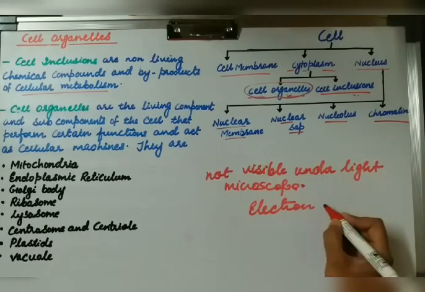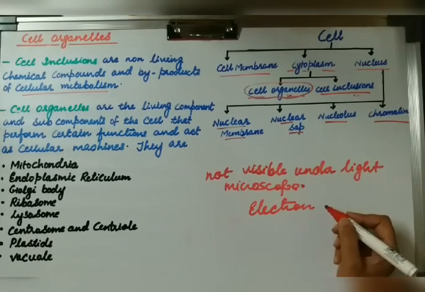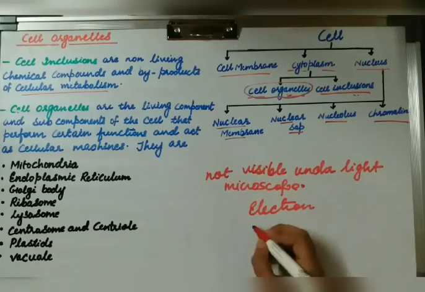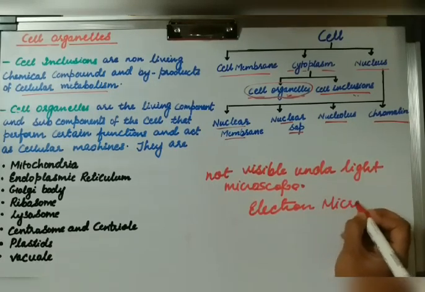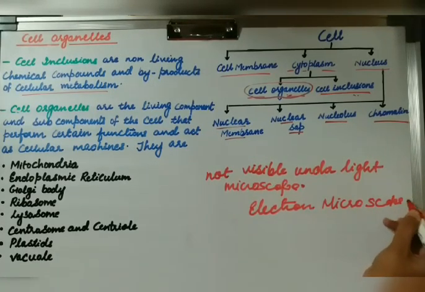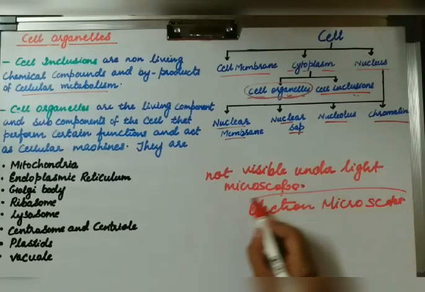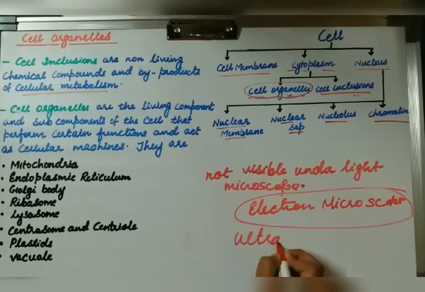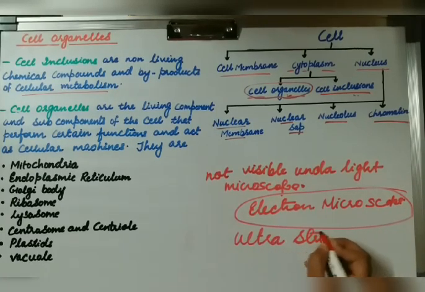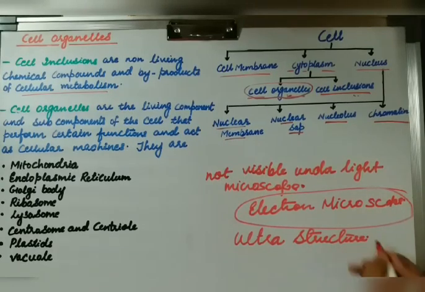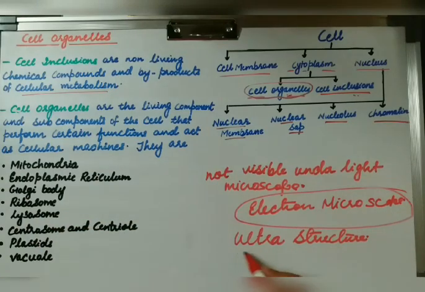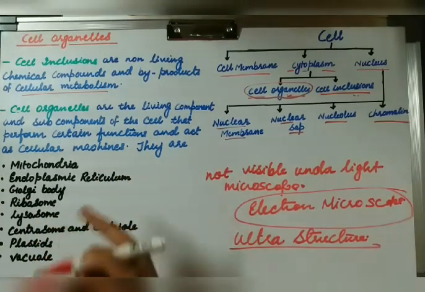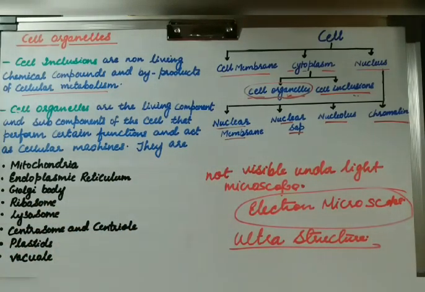They came to be properly understood and known to us due to the discovery of the electron microscope, and the structures which are revealed after seeing them through the electron microscope are known as the ultrastructure. So we will deal with the ultrastructure of all these organelles one by one.